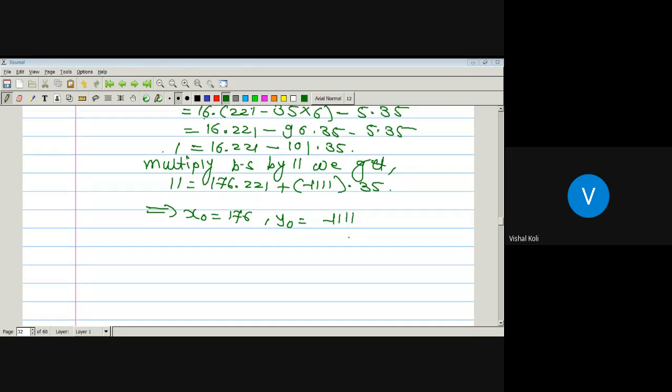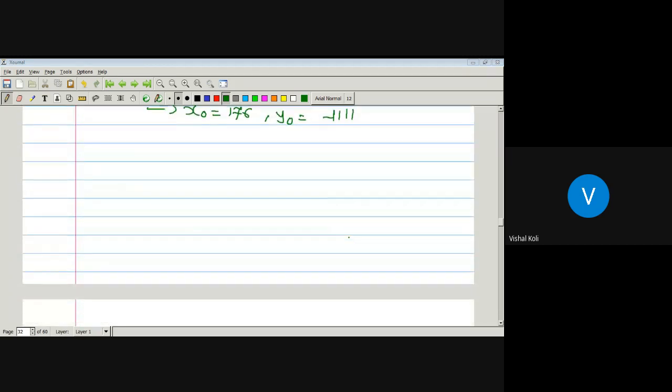Now here we get the values of x naught and y naught, and we know that x dash is x naught plus b upon d into t. x naught is 176 plus b, which is 35, divided by GCD, which is 1, into t. Thus 35 into t.